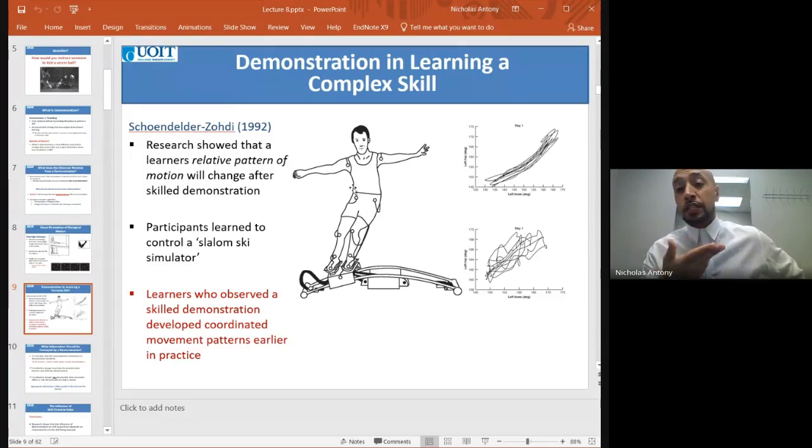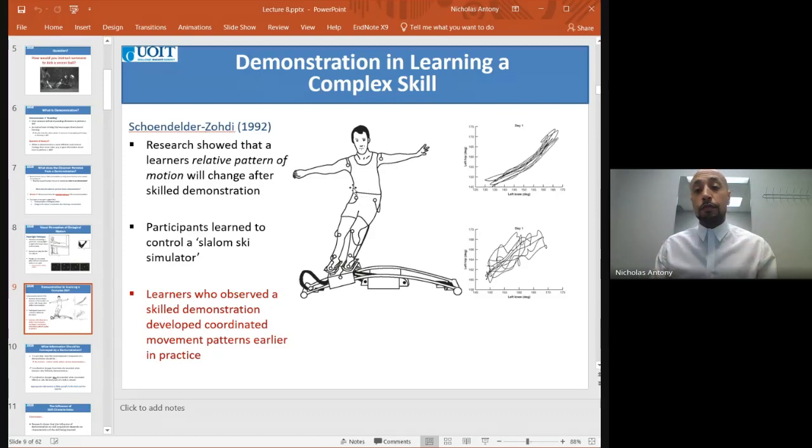And so what this suggested is that demonstration is most important and necessary when you want to have people develop a new pattern of coordination. If they don't have to develop a brand new pattern, then technically you could just talk about it, or they could probably figure it out just by words, because it's probably not a quote unquote complicated task. Complicated meaning that it requires a brand new development of coordination patterns.